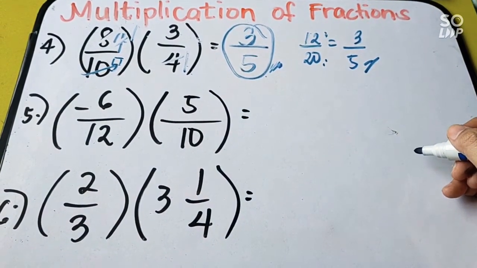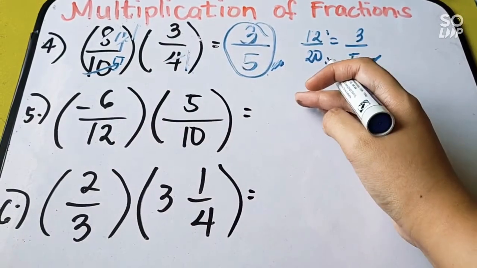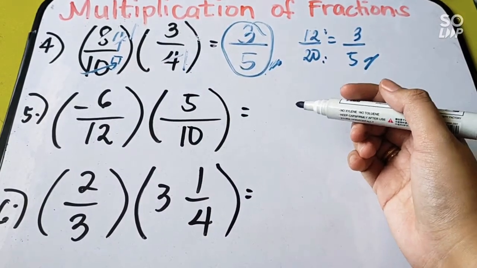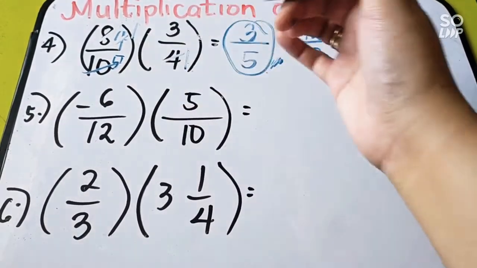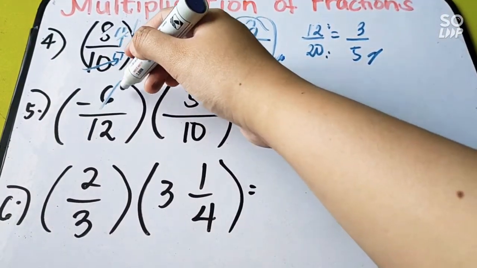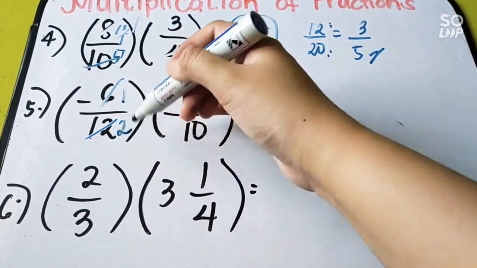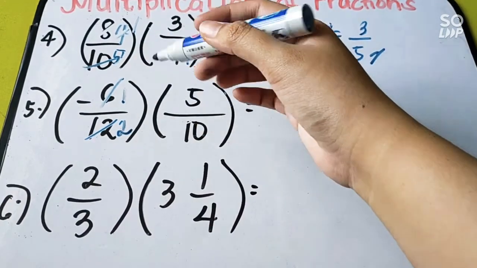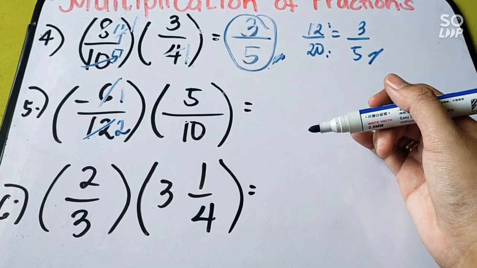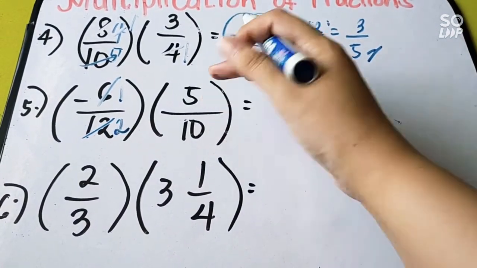Okay? Now, let's have number 5. Negative 6 over 12 times 5 over 10. Si negative 6 over 12, they are divisible by 6. Kaya, si 6 becomes 1, and 12 becomes 2. Divide both by 6. Diba? Next, si 5 over 10. They are both divisible by 5.